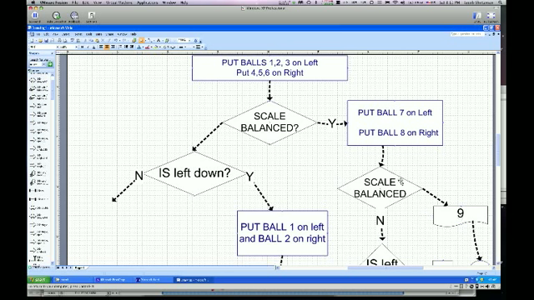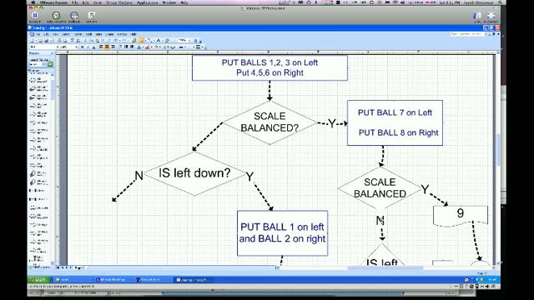Now, if they were not balanced here, then we go into this branch, which is no. It says no. Here it has to say yes. So if it was yes, then we concluded that 9 was the heavier and we printed it.